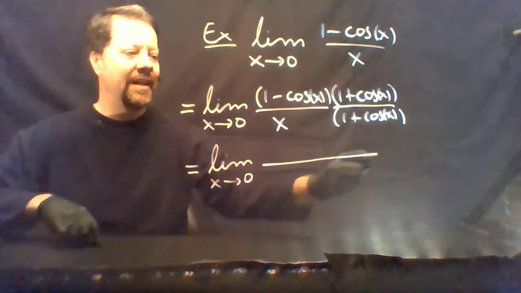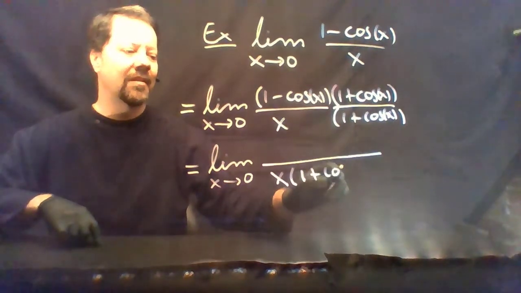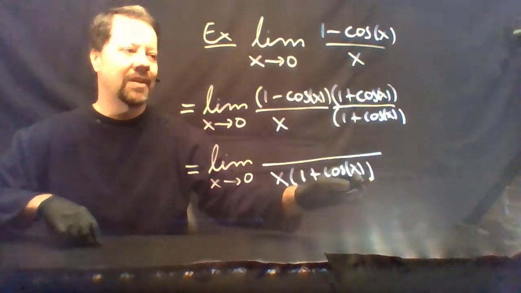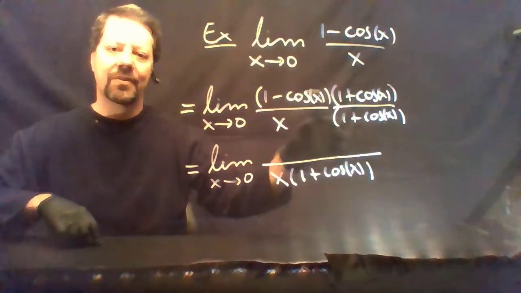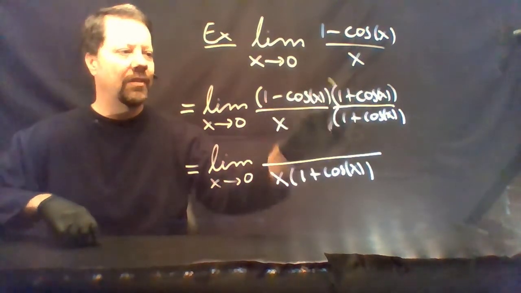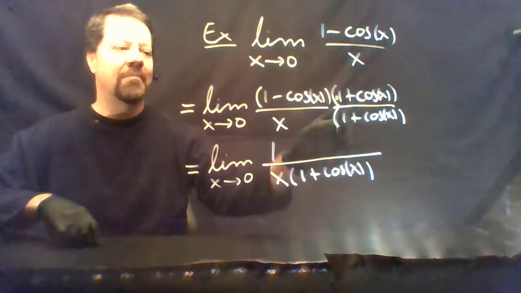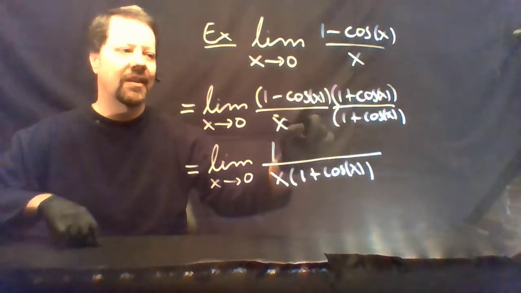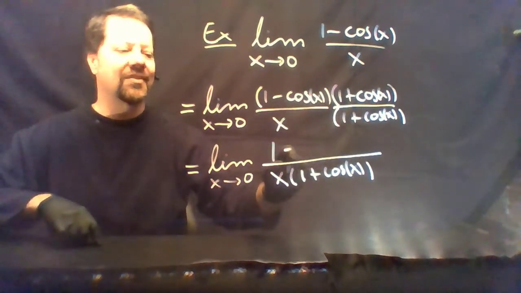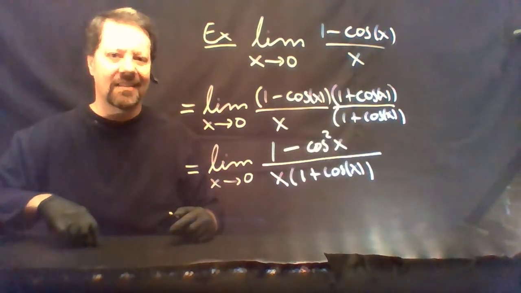In the denominator, you'll just have x times 1 plus cosine x. In the numerator, you'll end up with a kind of difference of squares sort of product. You'll get 1. You'll have a plus cosine and a minus cosine when you multiply the outers and the inners. When you multiply the last, you get minus cosine squared x.